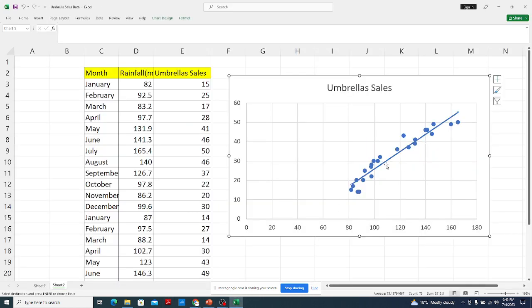From this example you can see we don't have data points which are far away from the regression line, so by the look of things, here we are going to get a good model, meaning our standard error will be very small. So take note of that.